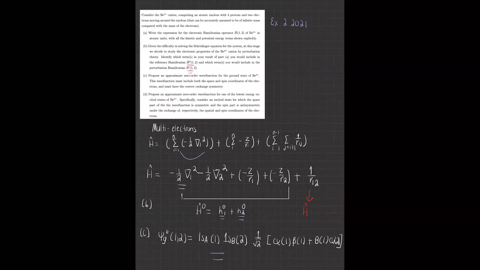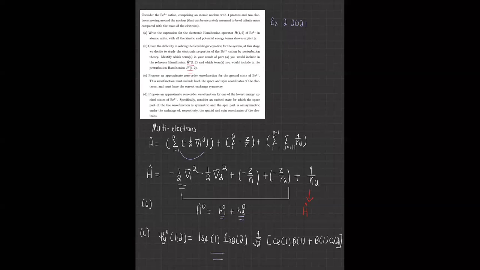Let's see. Propose an approximate zero order wave function for one of the lowest energy excited states of beryllium. Specifically, consider a state for which the space part of the wave function is symmetric and the spin part is anti-symmetric under exchange of the electrons.